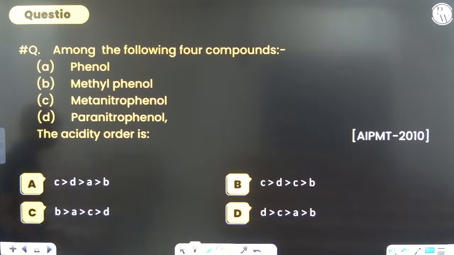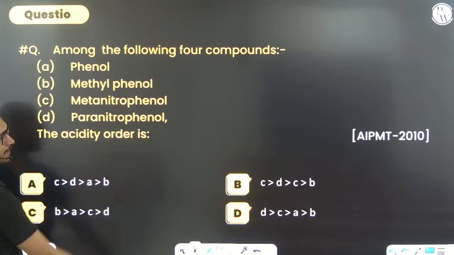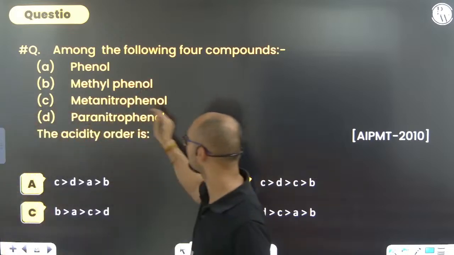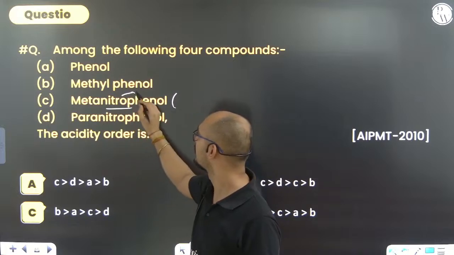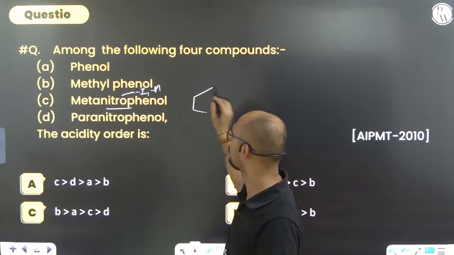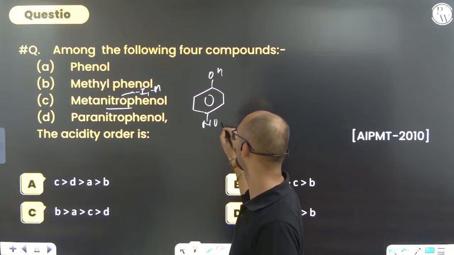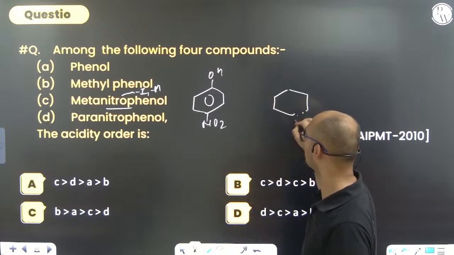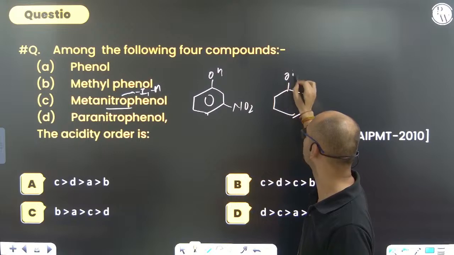Now, which of the following compounds is in the correct acidic order: phenol, methylphenol, metanitrophenol, paranitrophenol. Look, nitrophenol of course will increase the acidic strength because nitro is minus I and minus M effect. Leave the rest. Here OH and NO2 at para. At meta, NO2 and OH.